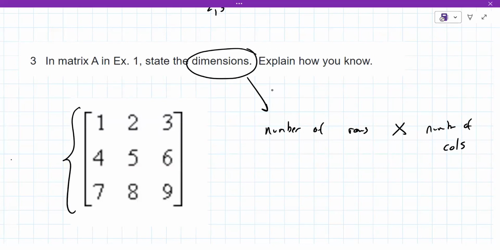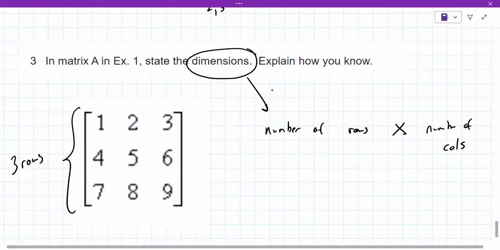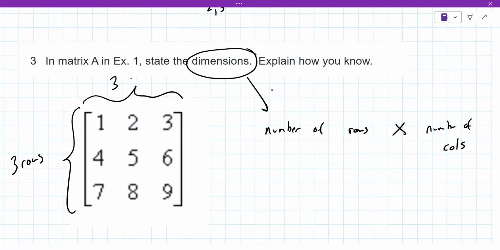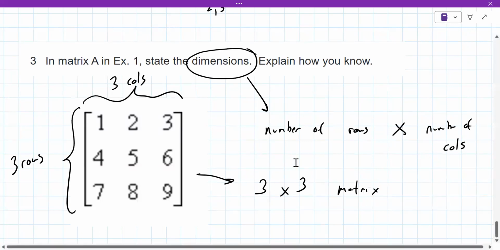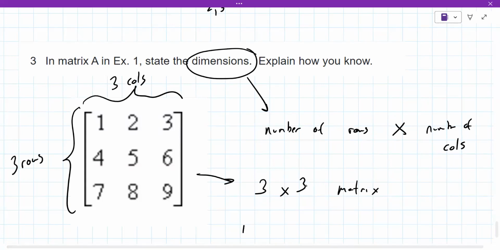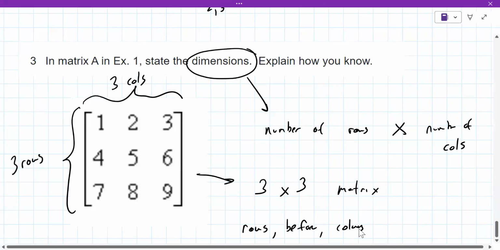There are 3 rows and there are 3 columns. So you would say, okay, it's a 3 by 3 matrix. First number is rows, second number is columns. It's always rows before columns. I don't make the rules. That's what's accepted. X comes before Y, rows come before columns.